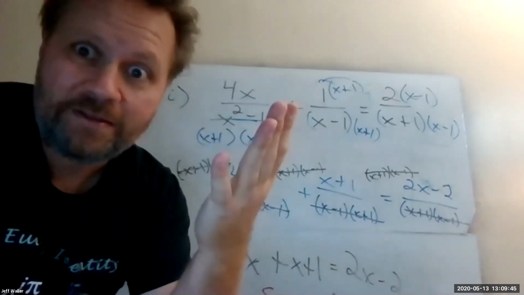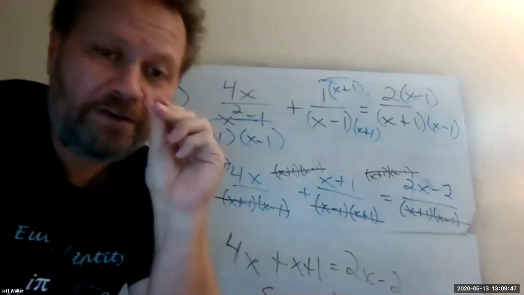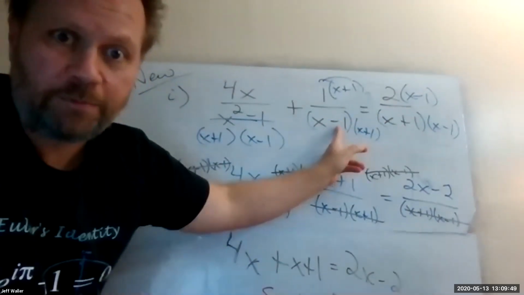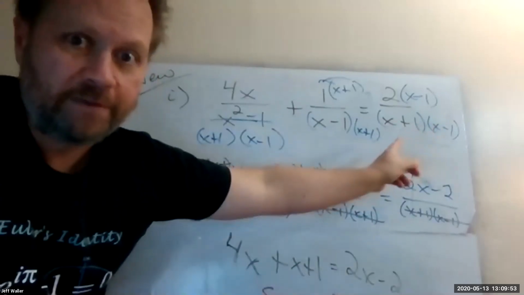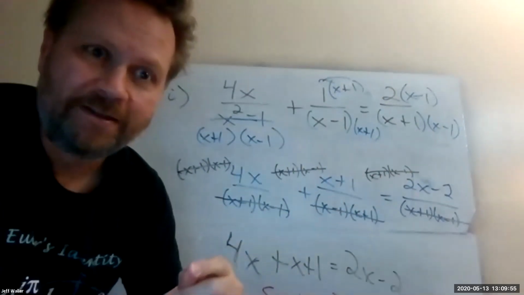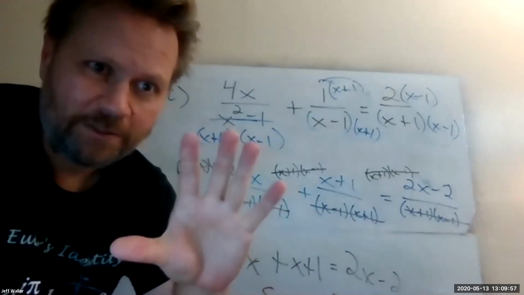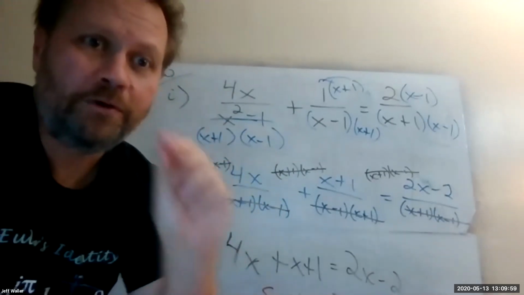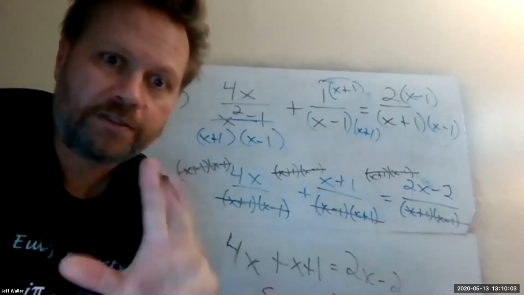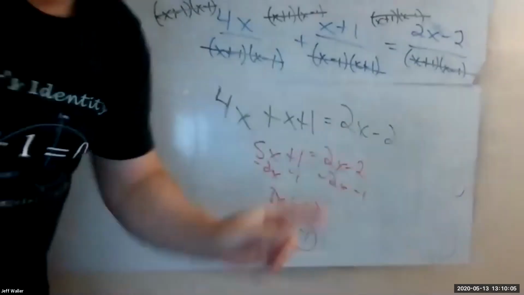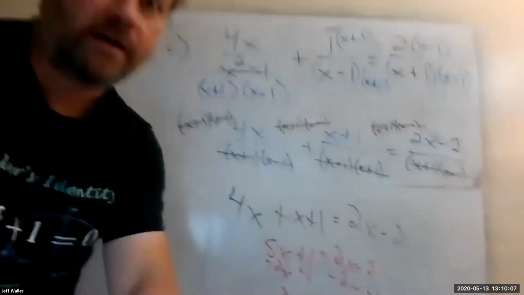Right? Because there are values of x that would make, so what would make this one 0 on the bottom if x was 1? What makes that one 0 if x is negative 1? So if I get one of those things as the answer, there's actually no solution. There's nothing, because if I try to plug negative 1 in, it makes that part undefined.